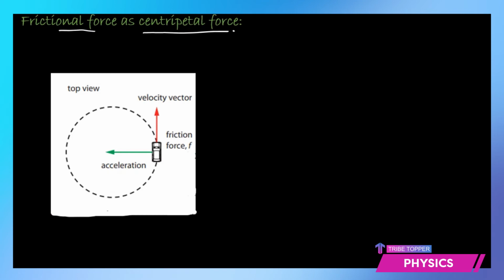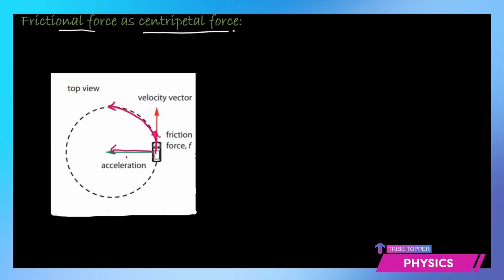Now what force do you think should be acting when a car takes a turn on a horizontal road? When your car takes a turn, you are going straight. The moment you turn the steering, a force acts in exactly perpendicular direction and makes the motion of the car a curve.